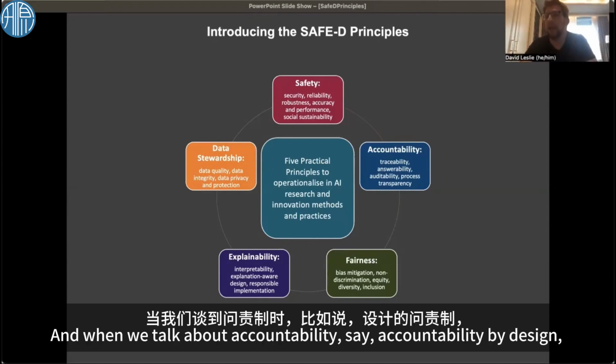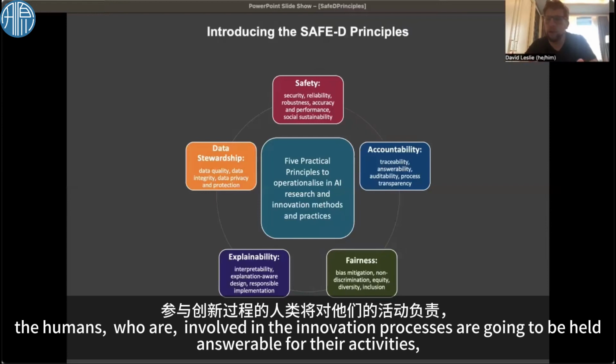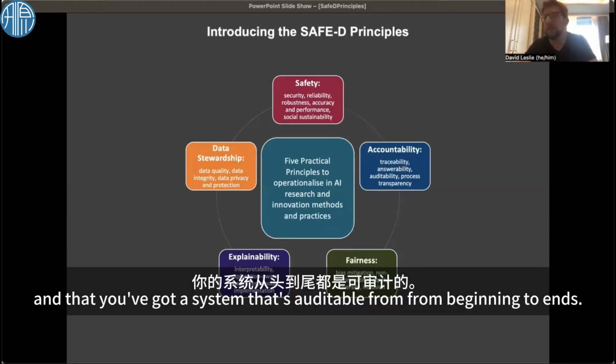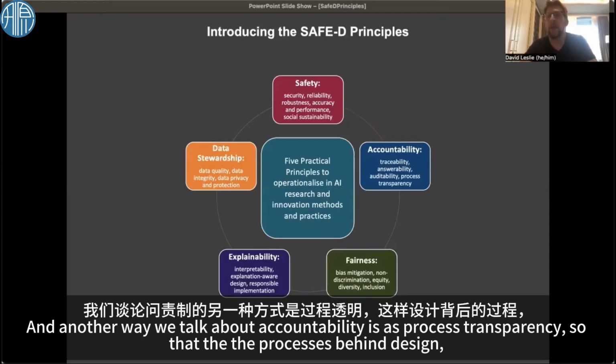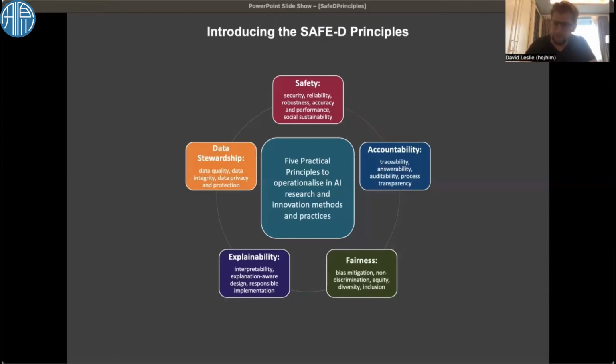When we talk about accountability by design, we're talking about having processes in place that make sure that the humans involved in the innovation processes are held answerable for their activities, and that you've got a system that's auditable from beginning to end. Another way we talk about accountability is as process transparency, so that the processes behind design, development, and deployment are sufficiently transparent and therefore able to be held accountable.